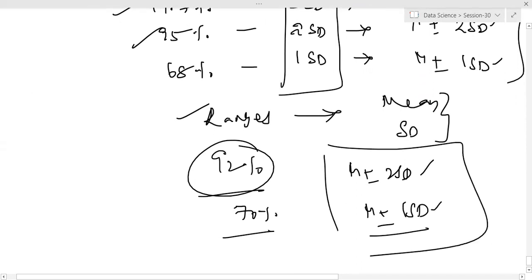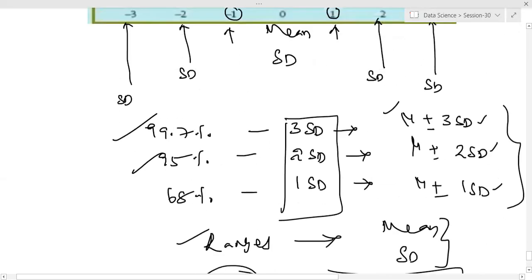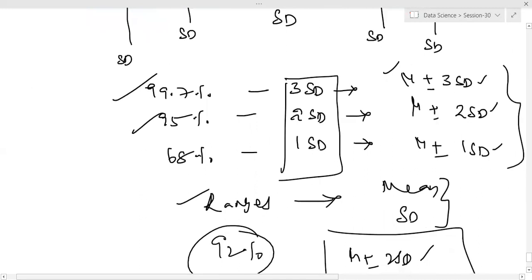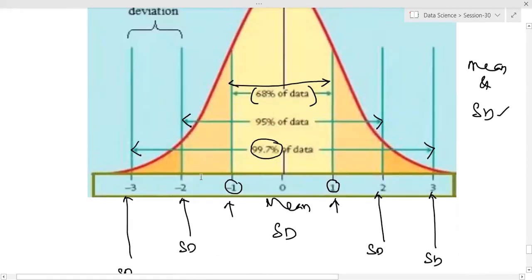So here we are providing the possibility of using mean and standard deviation in such a way that, whatever number of standard deviations I have from my mean, I can make use of the convention mu plus or minus 3 standard deviation: 99.7% of the data is revolving around the mean within that range.